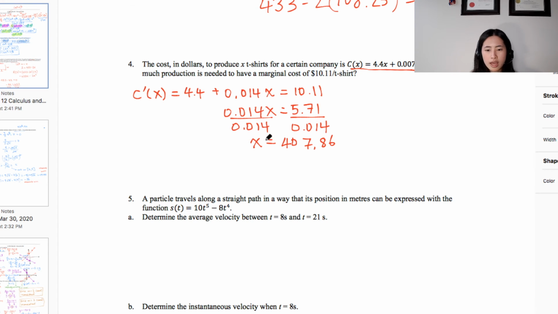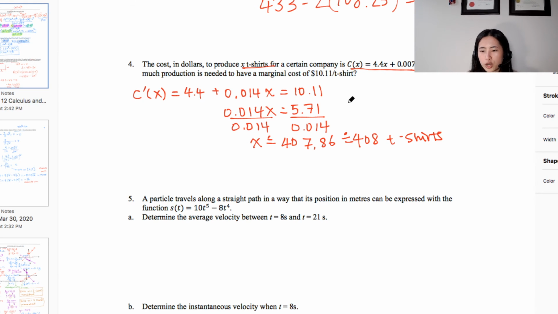And because we're producing x amount of t-shirts based on the question, x is the amount of t-shirts that the company is producing, right? So we can't have 407.86 t-shirts. You cannot have 0.86 t-shirts, right? Therefore, we're going to round this up to 408 t-shirts.